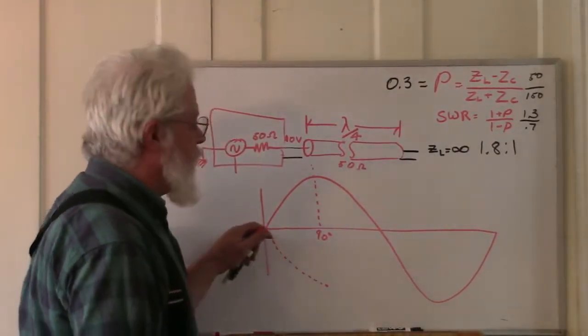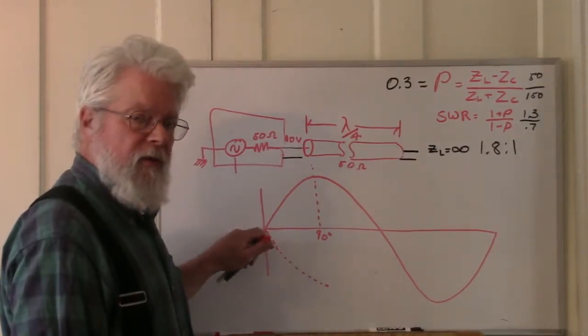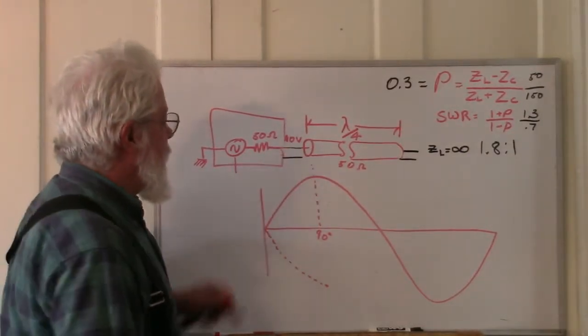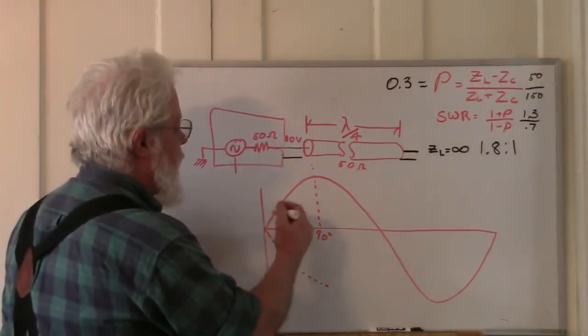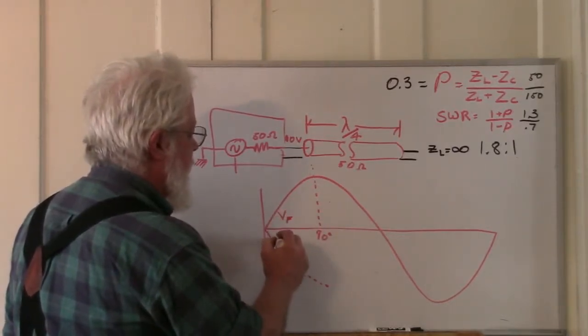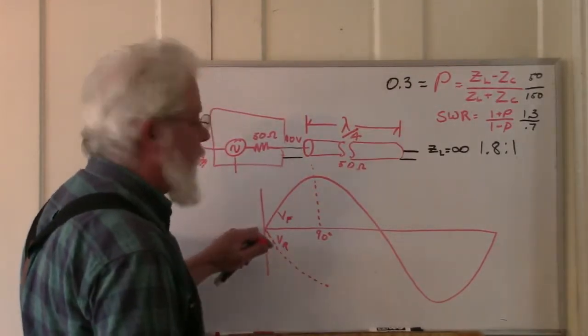What is my voltage at the input of the line? What does my generator see now? V forward, V reflected. What's the sum?